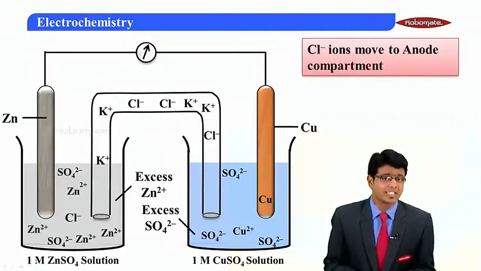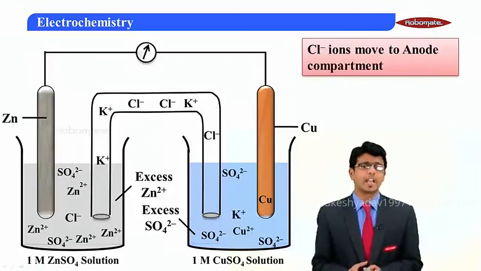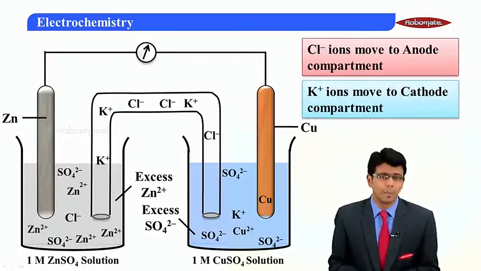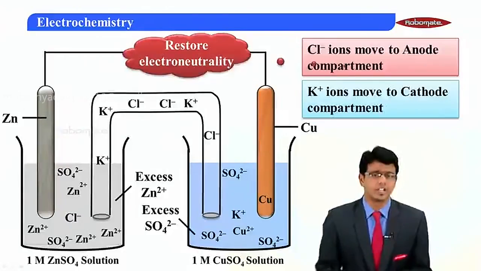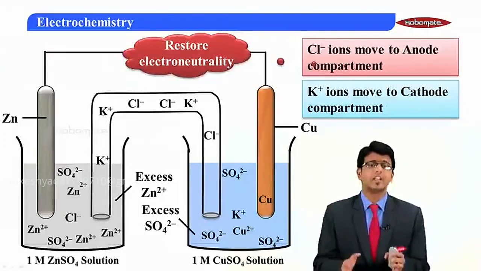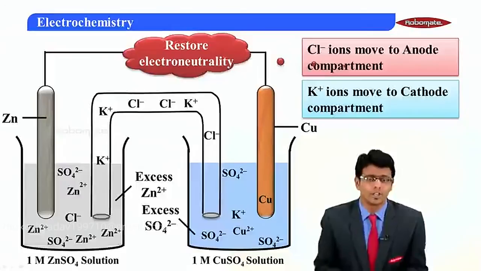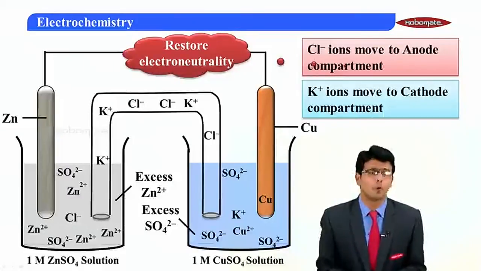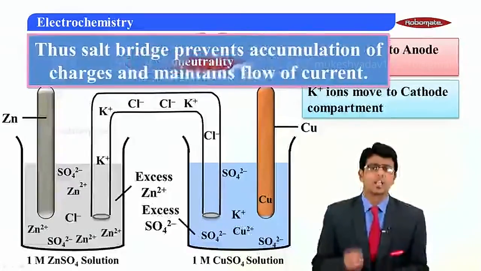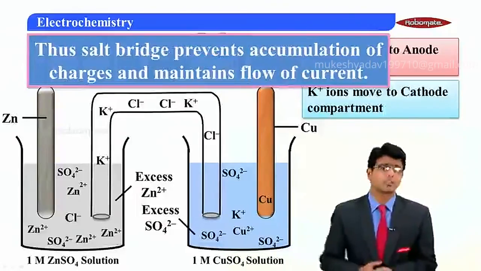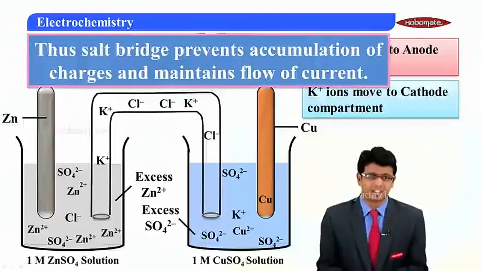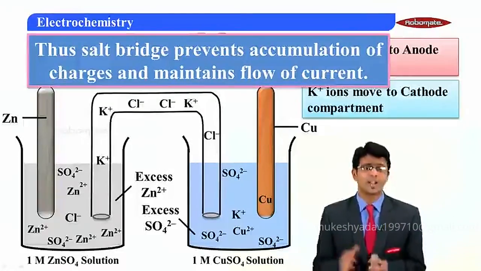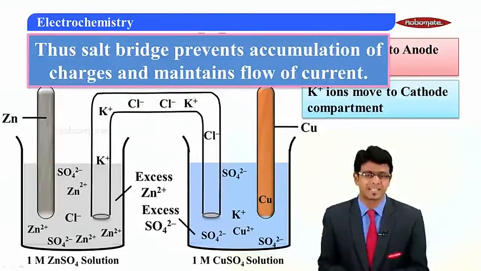At the same time, K plus ions move to the cathode compartment in order to maintain electrical neutrality. Because electrical neutrality is restored, the current will keep on flowing. Thus the salt bridge prevents the accumulation of charges and maintains the flow of current. This is the role played by the salt bridge in a galvanic cell.